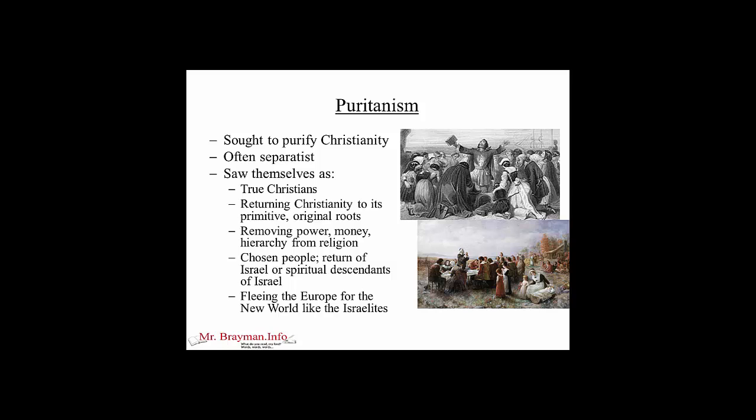They talk about themselves as if they're the chosen people, and you're going to definitely see this in the literature. They're the chosen people. God loves them best. They think they're the return of Israel to earth, or they're the spiritual descendants of Israel. And so for them, fleeing the European continent for the New World was like the Israelites, right?